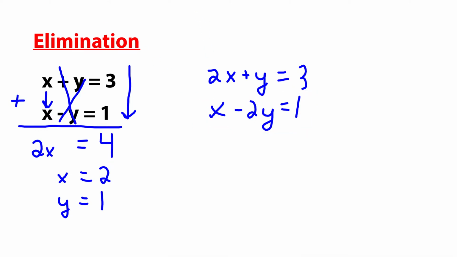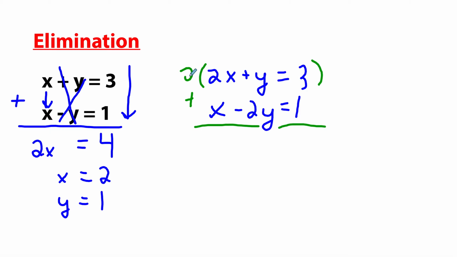This time, if I were to add these two equations together, nothing would eliminate that easily. I would have to do some work to make that happen. These y's do have the opposite sign, but because it's 1y minus 2y, I would still have a negative y left over. So I'd actually have to do some work to this top equation.